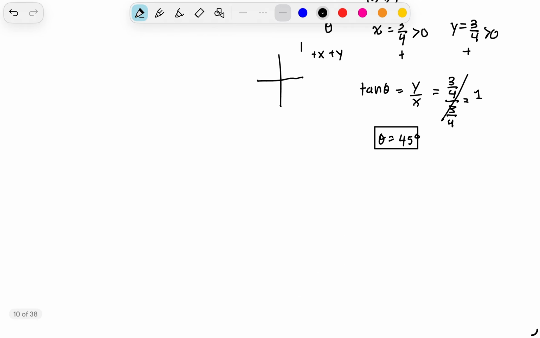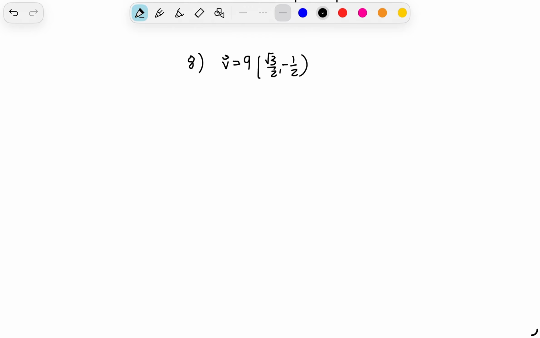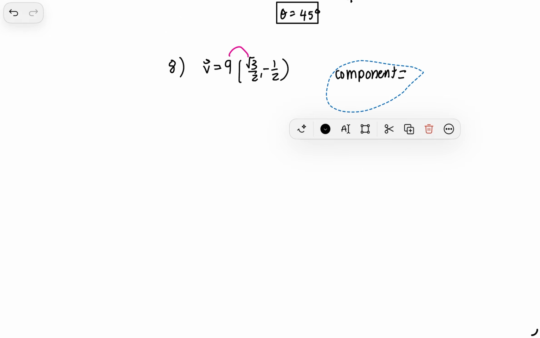So let's say that we have a vector 9 times root 3 over 2, negative 1/2, and we want this to be in component form. So what you would do is you need to distribute that 9.